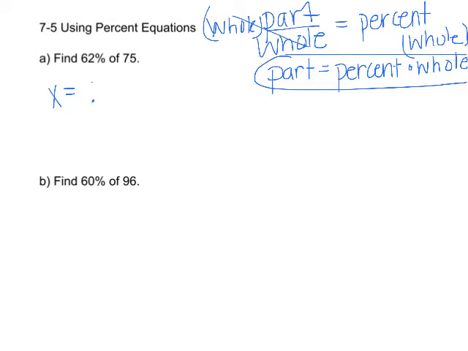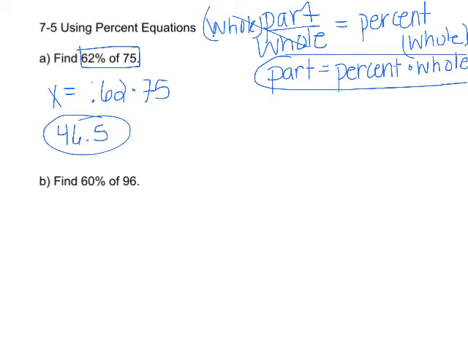So I'm going to have 0.62 times that 75, because if I look at my equation, 62% of 75 means multiply. And when I multiply those together, I'm going to get 46.5. So 46.5 is 62% of 75.